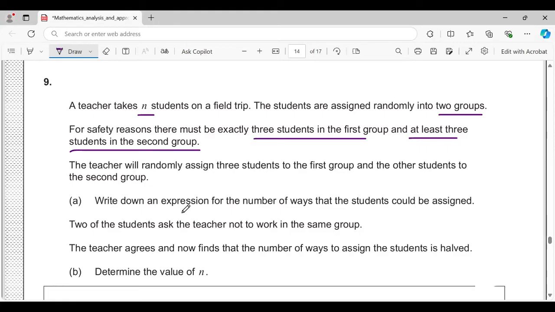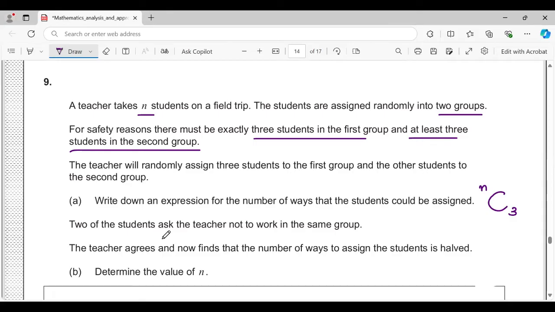Write down an expression for the number of ways that the students could be assigned. So it means this is a combination of n students, with 3 students in the first group and the others in the second group.